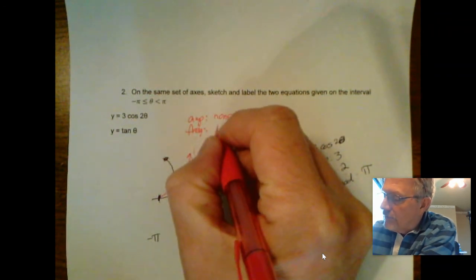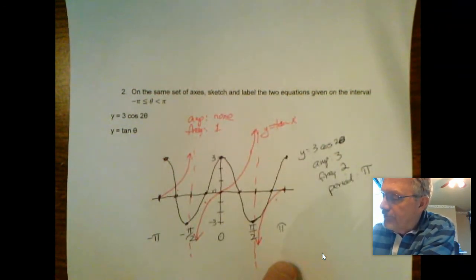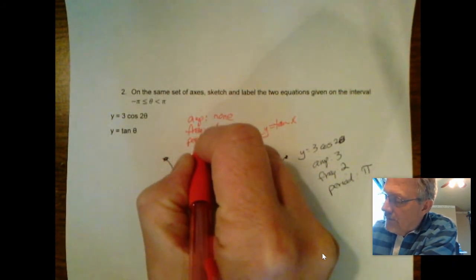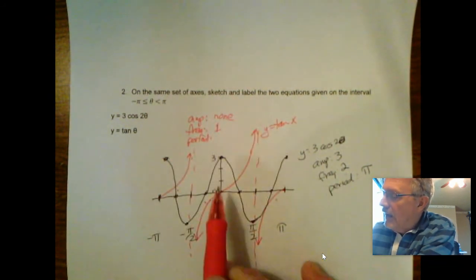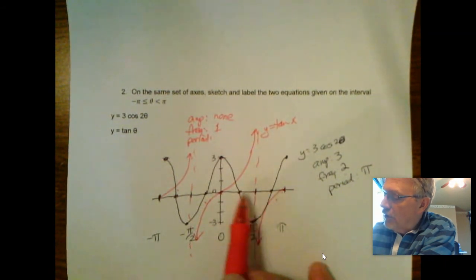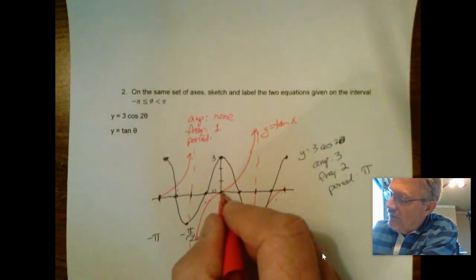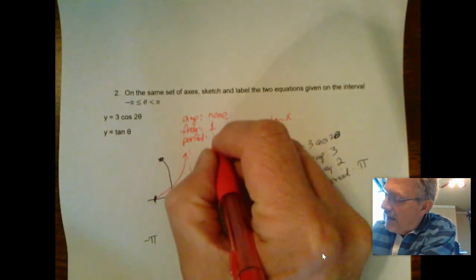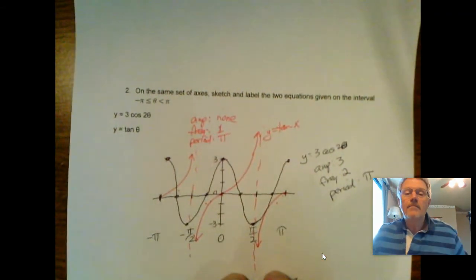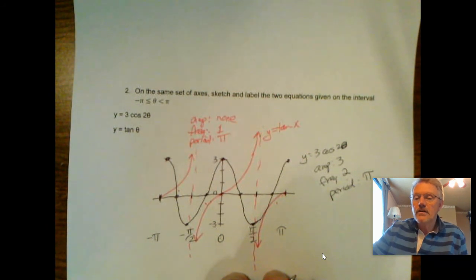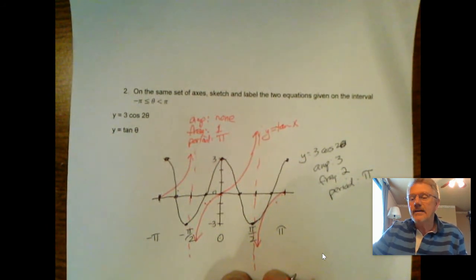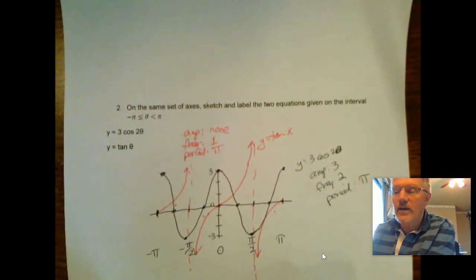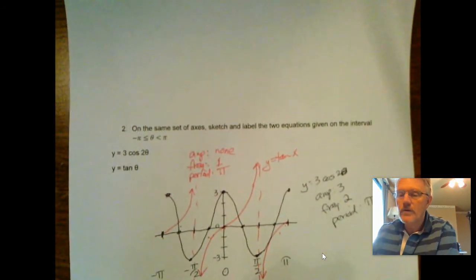This frequency is just 1. And the period, how far does it take to see a normal cycle? This is 1 cycle, this is another cycle. They're both pi radians to see 1 cycle. Again, they don't normally ask tangent. I'm not going to ask tangent again. I just wanted to show you how that works.